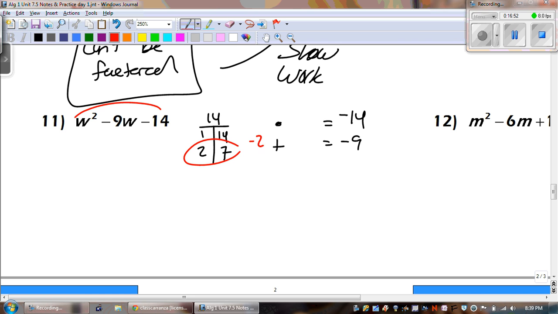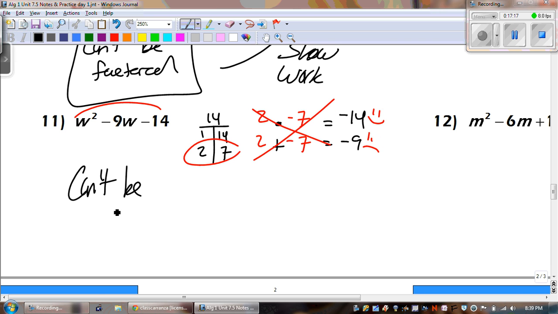Well, negative 2 and negative 7 work here, but negative 2 and negative 7 do not work there. So even if you try to figure it out, well, what about if it's just like that? Well, then it works for the top, but then it doesn't work for the bottom. Okay? So once again, this can't be factored. Okay? You have to pay very close attention to these.